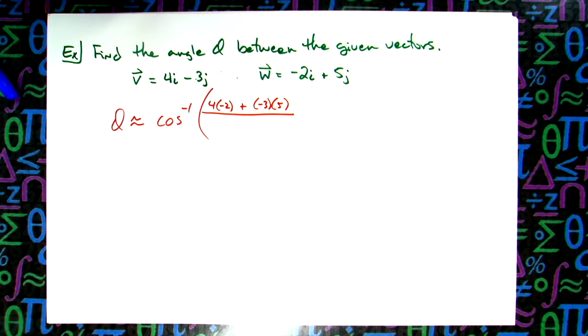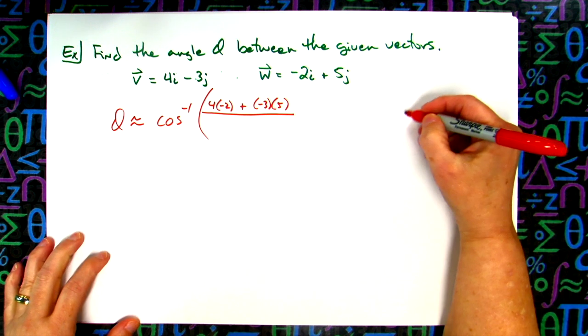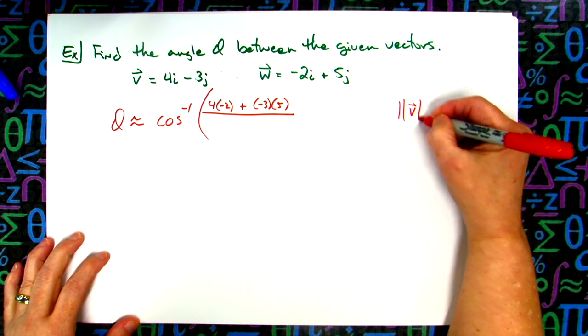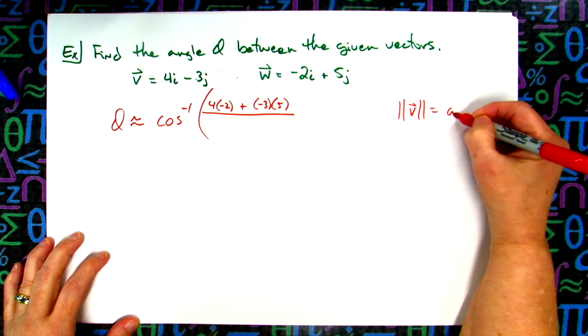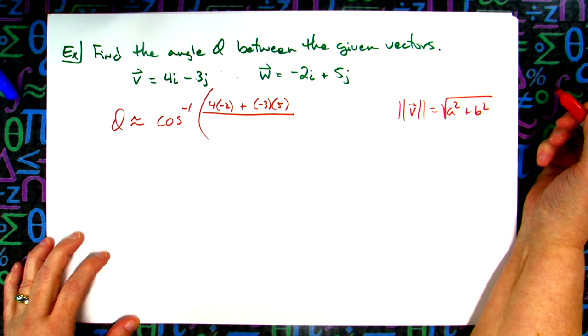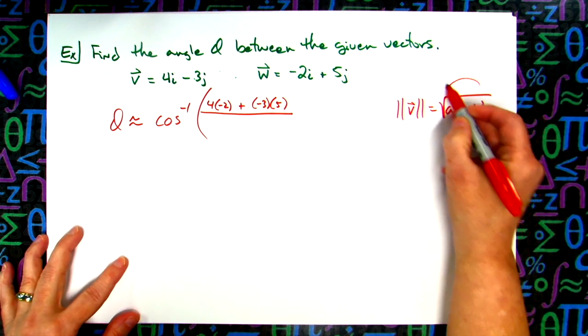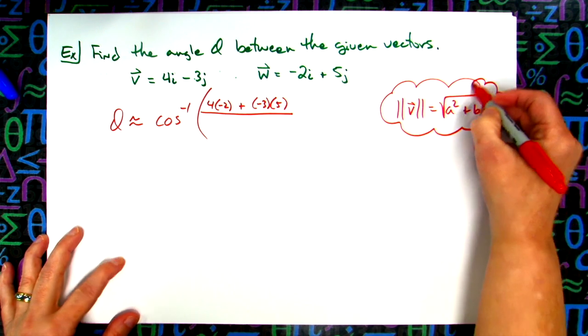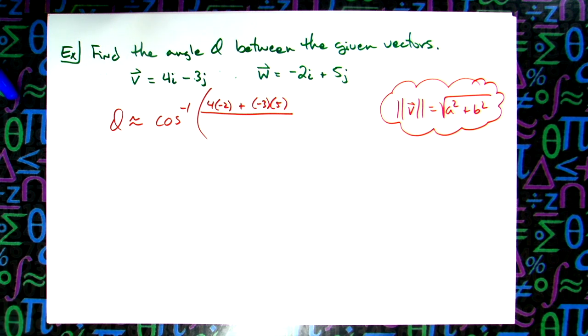Now I want the magnitude of v and the magnitude of w. Do we have that formula memorized? The magnitude. So when I do the magnitude of, say, vector v, that's where we go a squared plus b squared and take the square root. Remember that one? If not, then you just have to keep looking it up if you don't have it memorized yet. But magnitude: a squared plus b squared, take the square root.